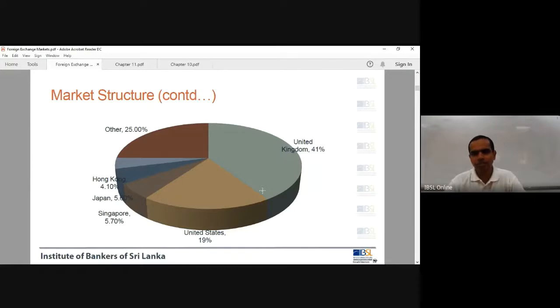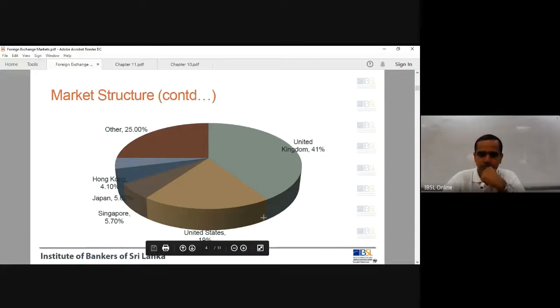Most of the transactions happen during UK time, 41%, because UK overlaps between the US, the East, and the West. When Japan closes, UK is open. And when US opens, UK is open. So it overlaps between these two markets. The next largest happens in the US.